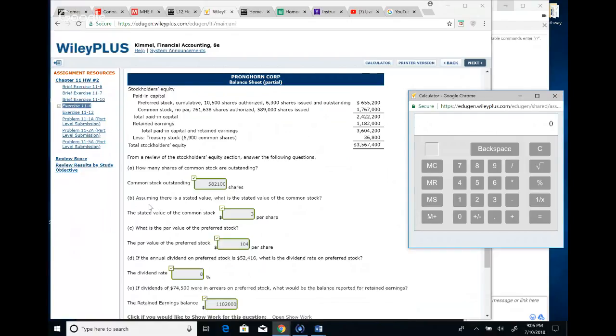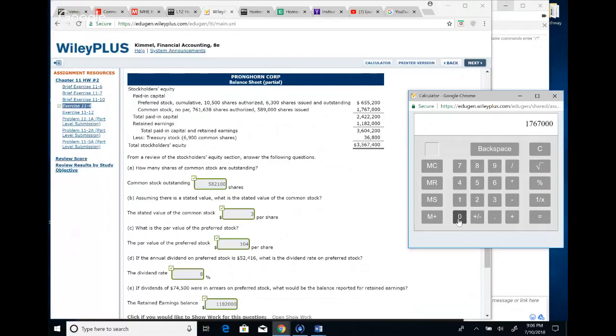Then it asks in B, if you have assumed that there is a stated value, what is the stated value of the common stock? So in order to do that, you need to go back to the amount raised that was paid in capital for your common stock. That's 101,767,000.